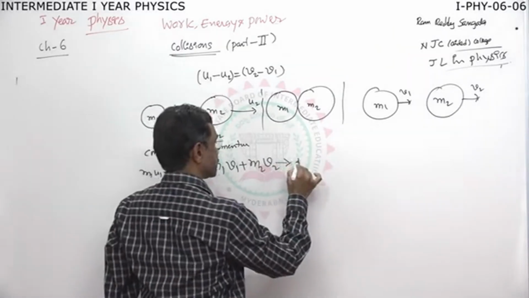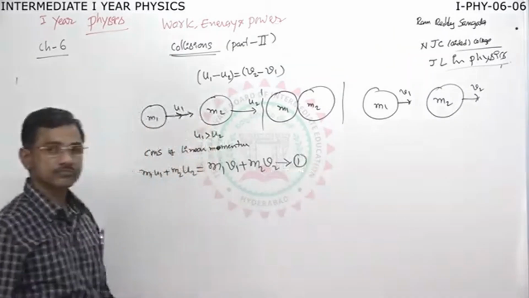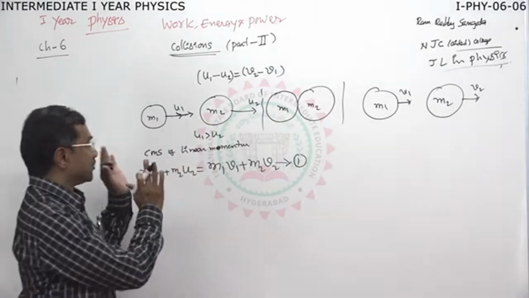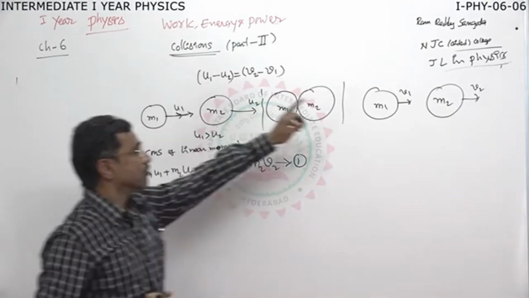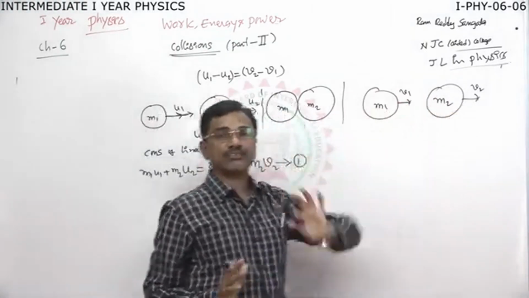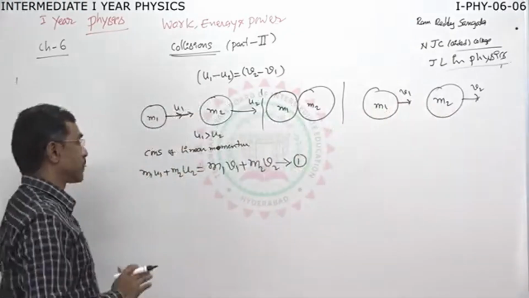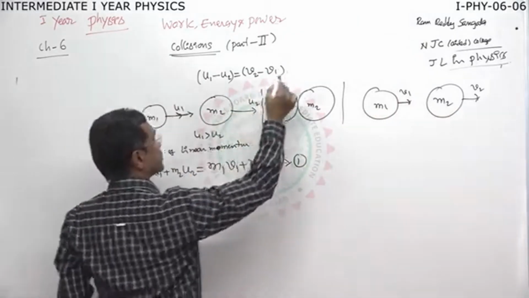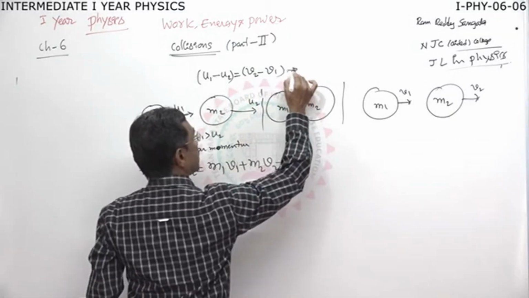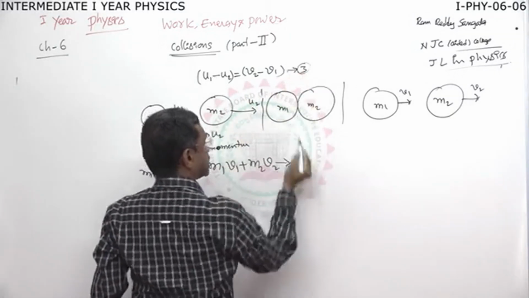This is equation 1. Now, we're going to use this equation and try to derive an equation for the final velocities after collisions. I'll call the relative velocity equation, equation 3, and this one equation 1.